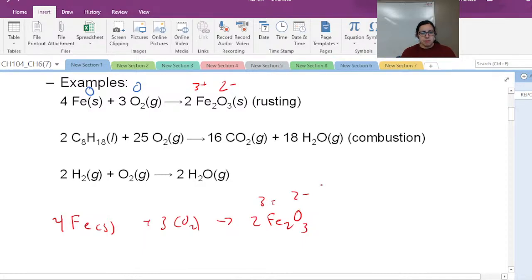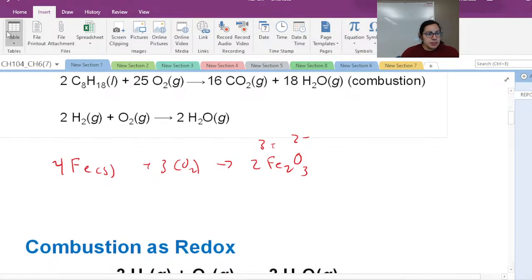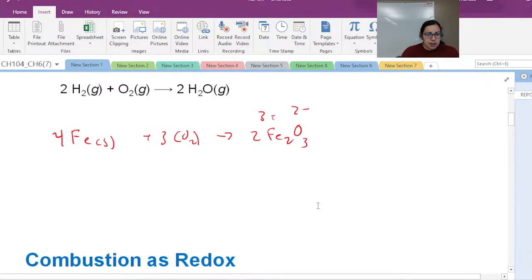And now we're piecing things together. Just think back to how metals behave. Metals tend to give up their electrons. We've been seeing this in our common oxidation states. And so, yes, this is what's going on. So we have iron 0, and then it's going to have to lose 3 electrons.